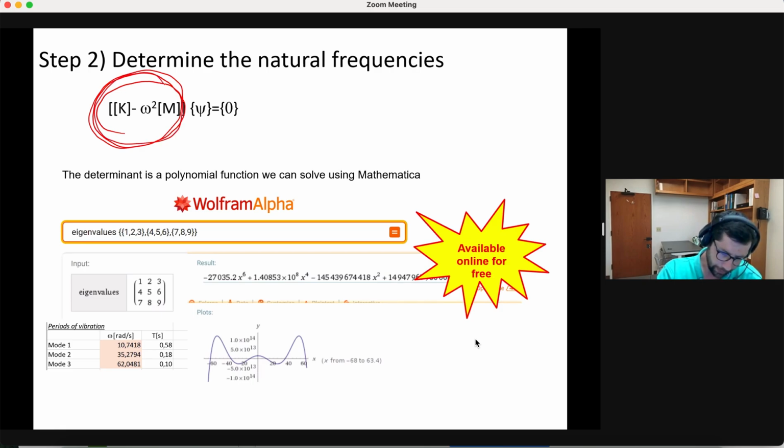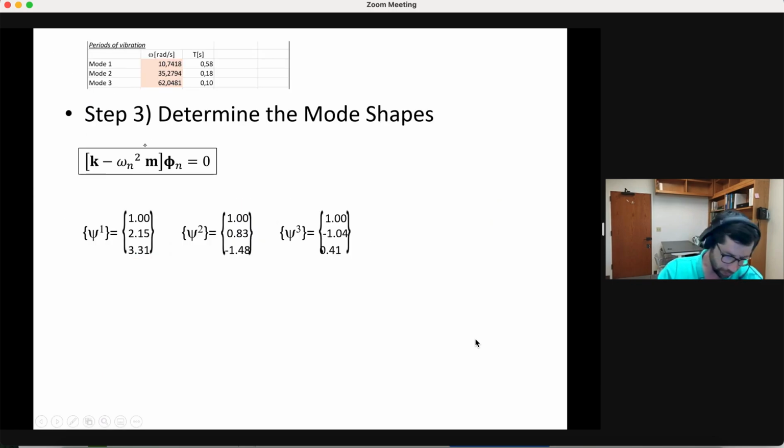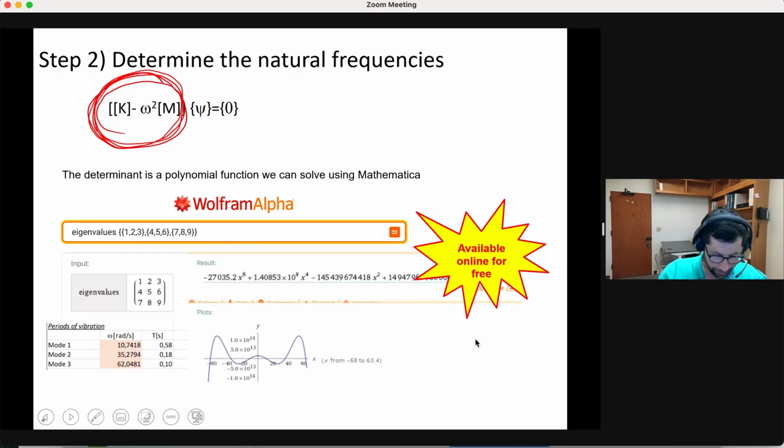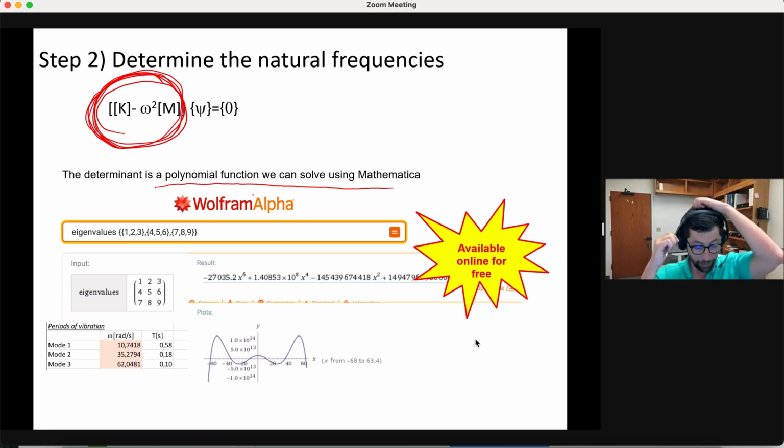This is a system of equations which will have a solution if the determinant of this matrix is equal to 0. The result is a polynomial function, and the roots of this polynomial function will be the eigenvalues of this problem, the frequencies of vibration of this problem.